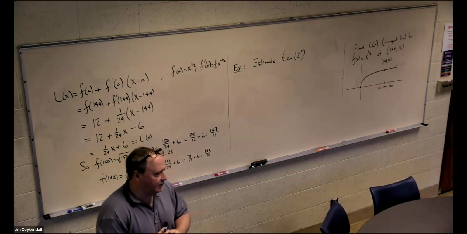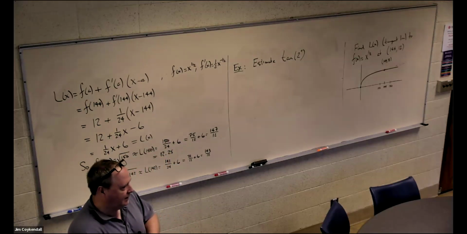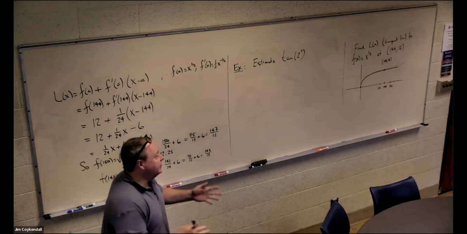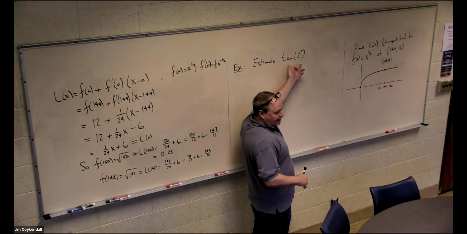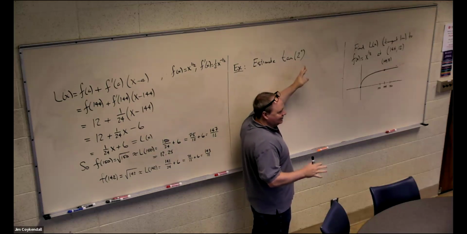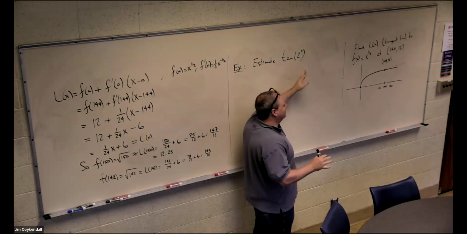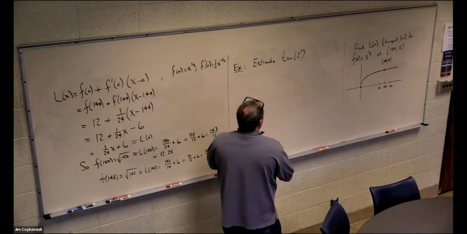What do I need to do? That's exactly right. I need to change to radians, because our trig functions need to be in radians. If you take the derivative of tangent in degrees, it's weird. It's sec squared and you have this factor of pi over 180.